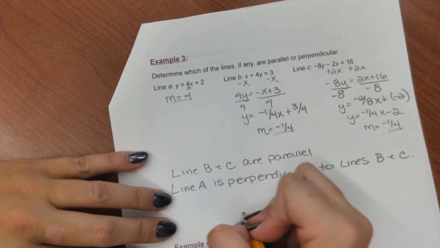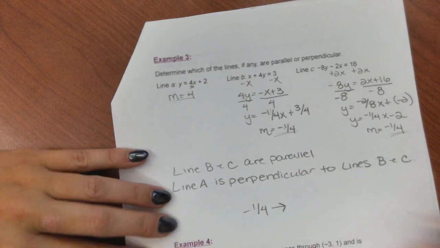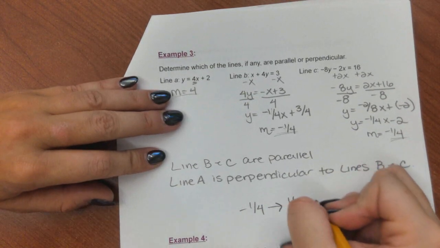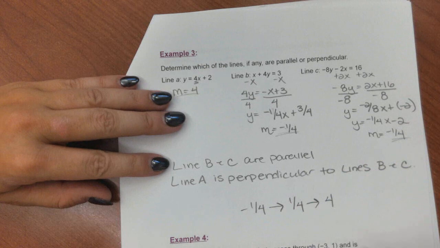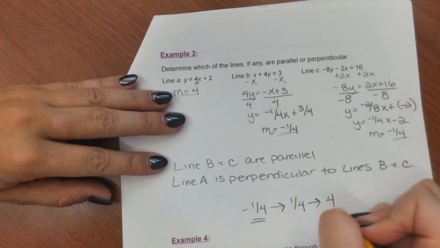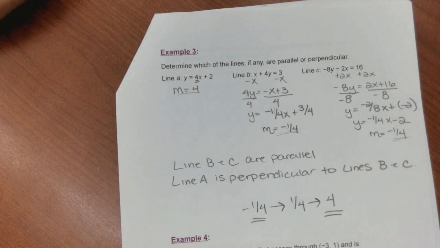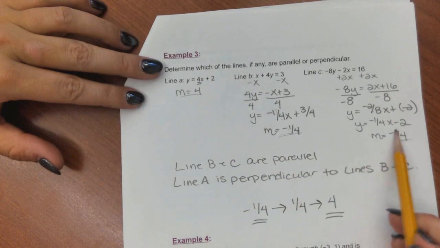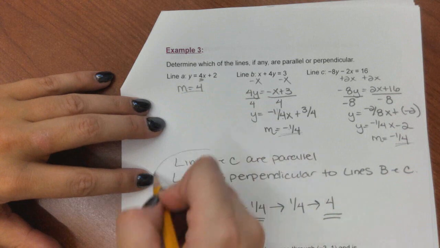If I take negative 1/4 and do the opposite, that makes it positive 1/4, and then I flip it, I get 4. So negative 1/4 is the opposite reciprocal of 4, meaning that A is perpendicular to B and C. And then B and C are the same, so they're parallel.